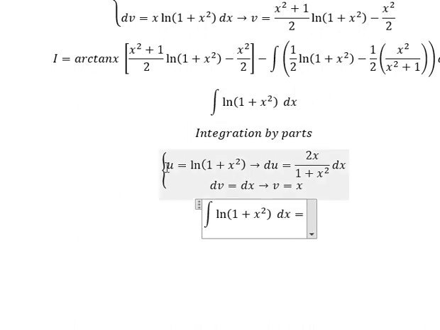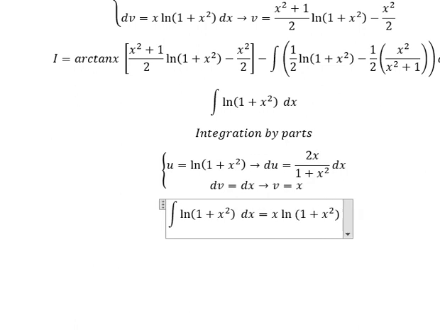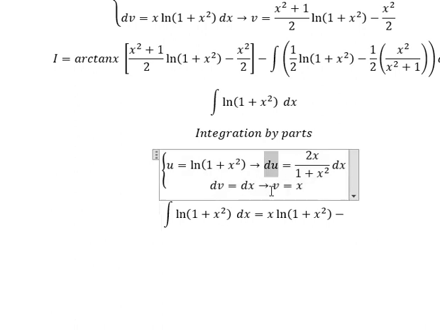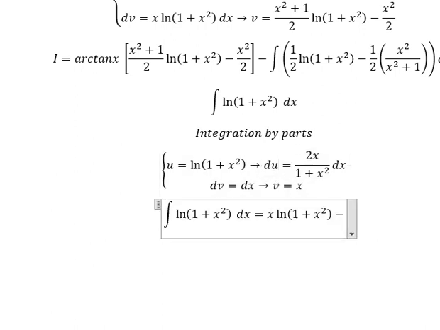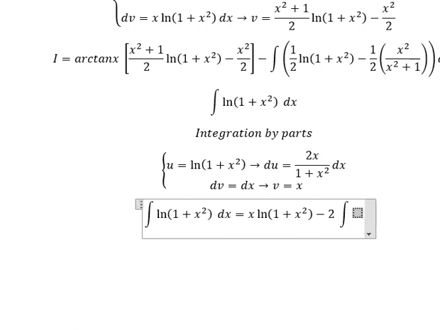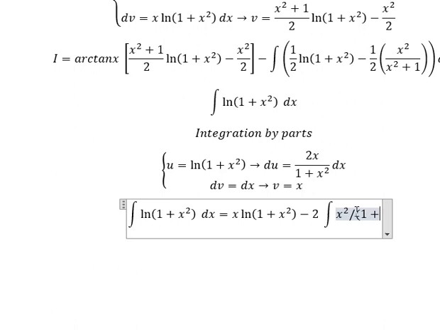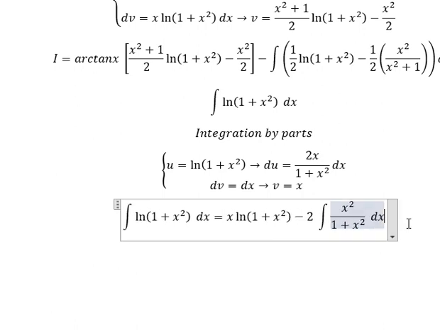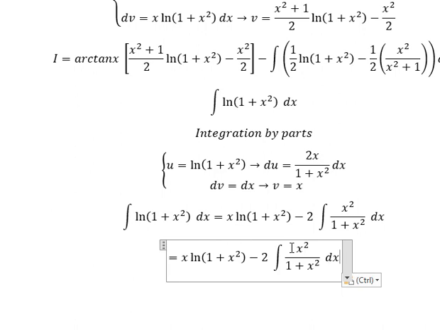So we have u multiplied by v minus the integral of v multiplied by du. So we have s and s, we have s squared. Next, we need to add 1. Later that, we need to minus 1.